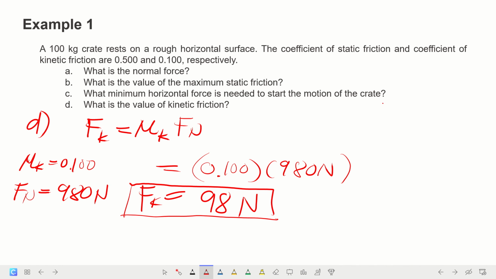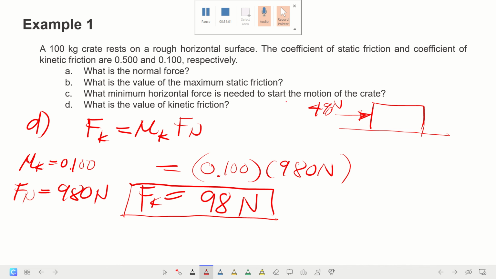So if we have here our body, in the first part, when we applied a force equal to 490 Newton, the object will start moving. So once the object starts moving, it will experience a kinetic friction.